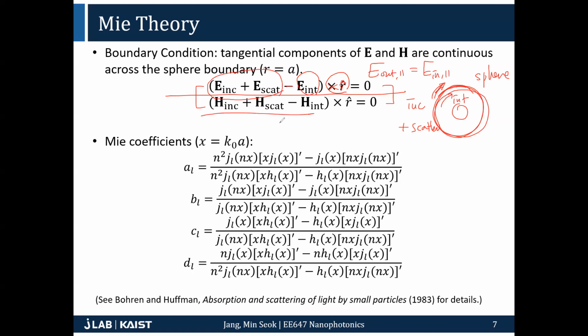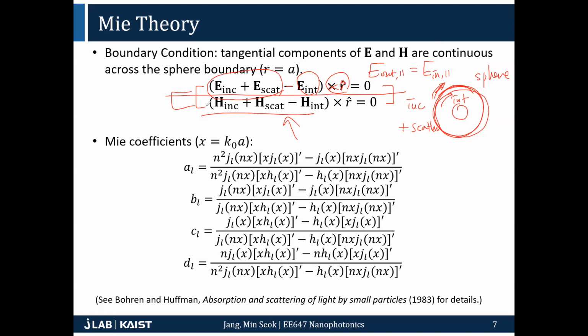And similarly, the same condition holds for the H field, outside and inside. If you take the difference, they have to be the same, because there's no external current source, so they must be continuous. So these two are the boundary conditions, right?